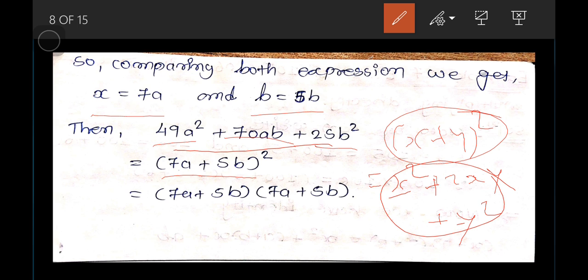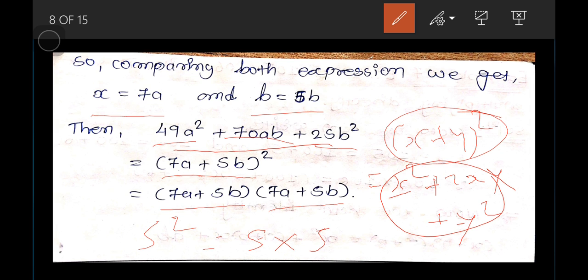We can write this bracket two times: (7a plus 5b) into (7a plus 5b). As we know, the square of any number means we multiply that number two times. If 5 square, then we can write 5 into 5.